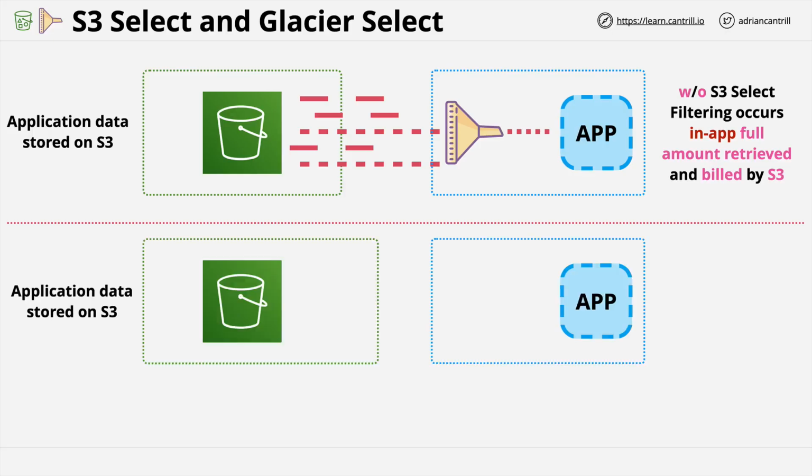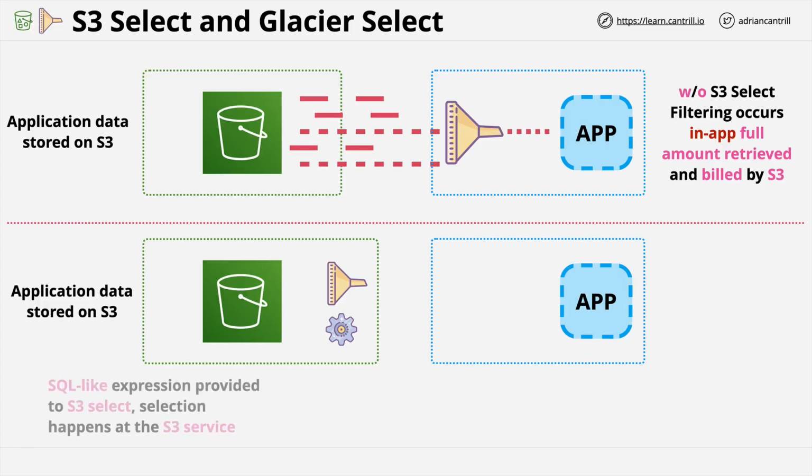Now, contrast this to using S3 Select with the same architecture. So we still have the same application that interacts with the same S3 bucket. It places the filter point inside the S3 service itself, and this allows us to use a SQL-like expression and provide this to the S3 Select service. The S3 Select service can then use this SQL-like expression, and it can apply this to the raw data in S3.